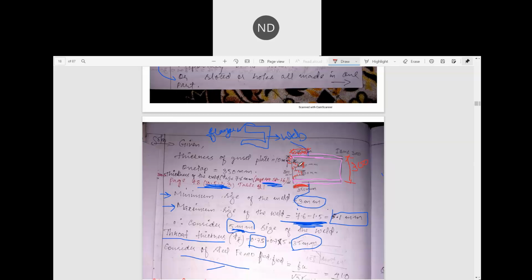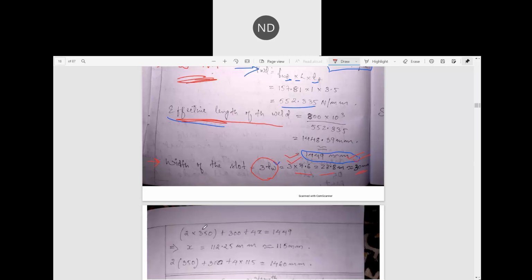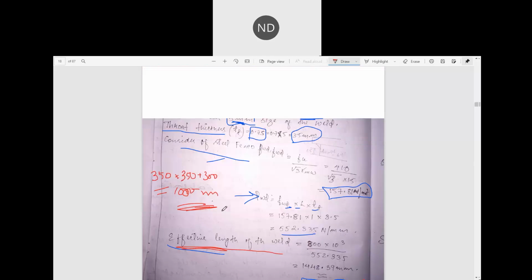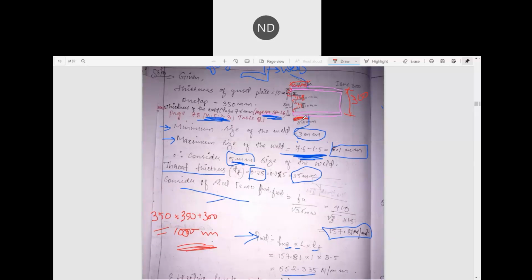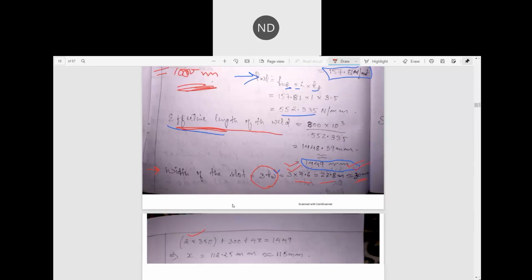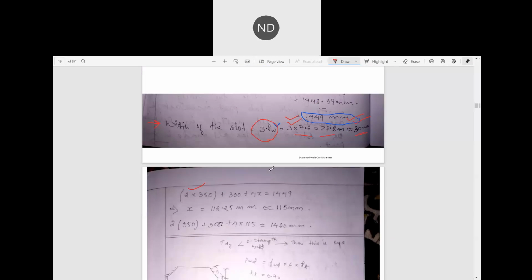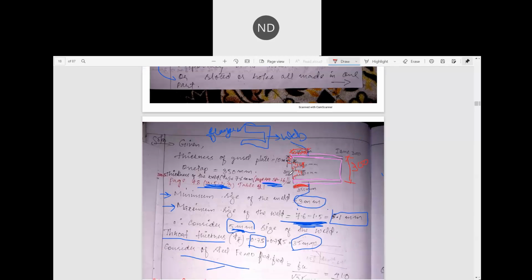If we consider the length of this slot to be x, how many x's are there? 1, 2, 3, 4. So now in total, 2 into 350 plus you are having 300 plus 4x.